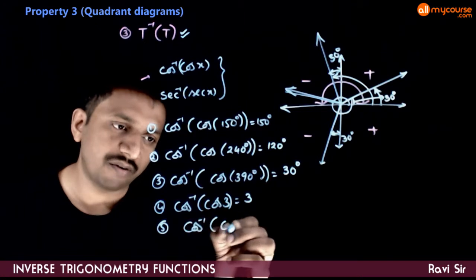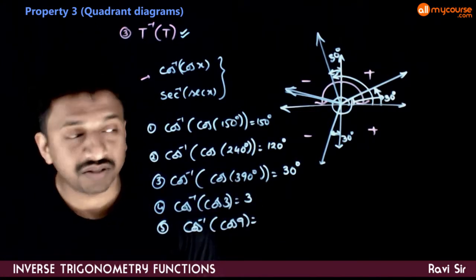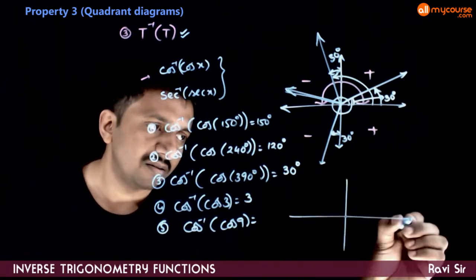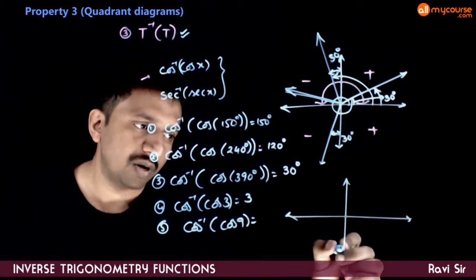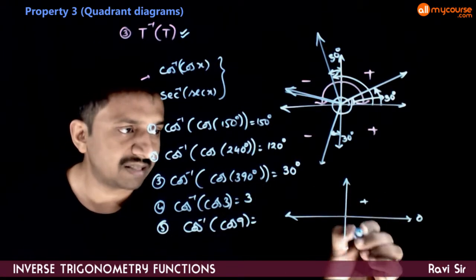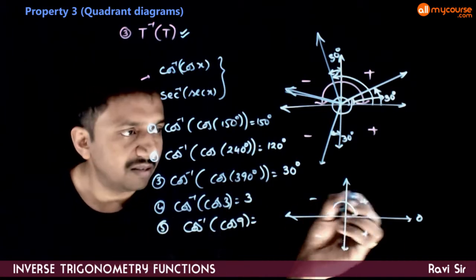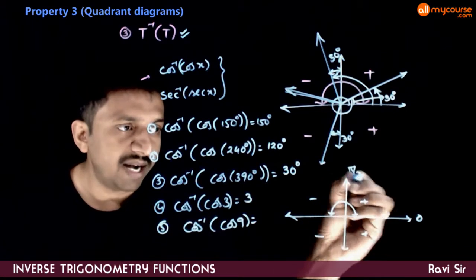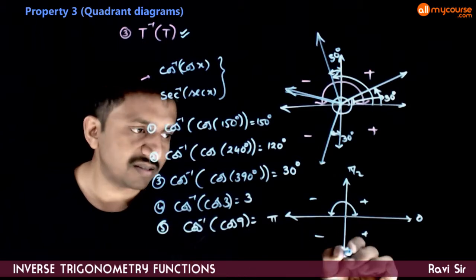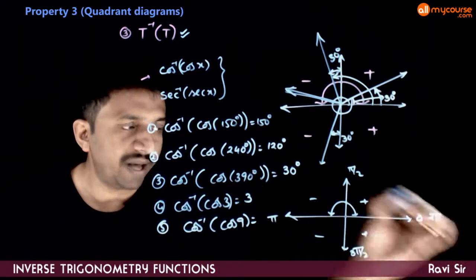Cos inverse of cos 9. What is cos inverse of cos 9? So 9 radians. This starts with 0, plus, plus, minus, minus. This is the diagram. So pi by 2 radians, pi radians, 3 pi by 2 radians, 2 pi radians.